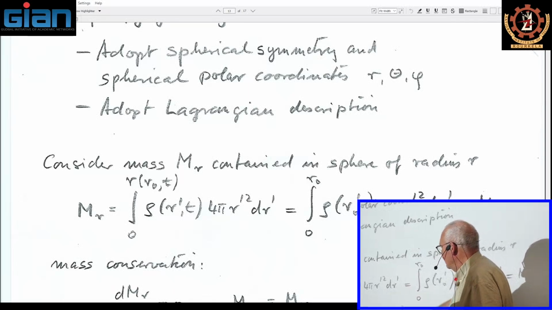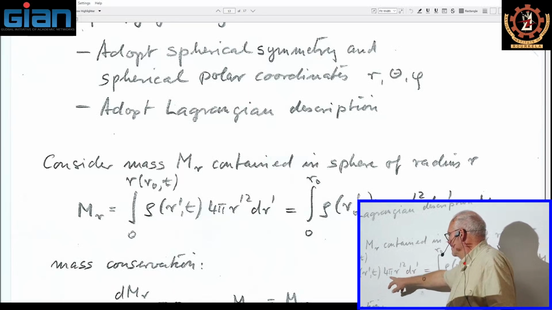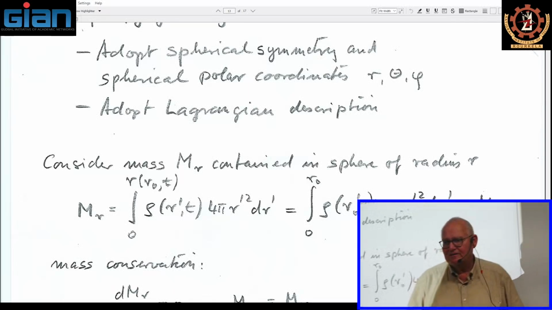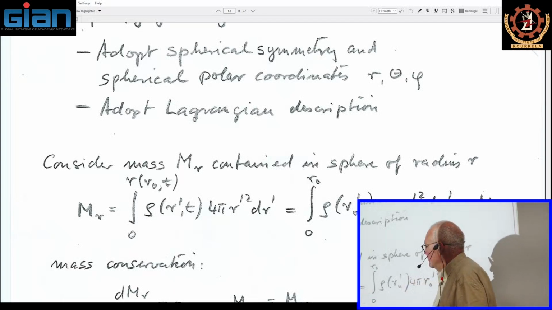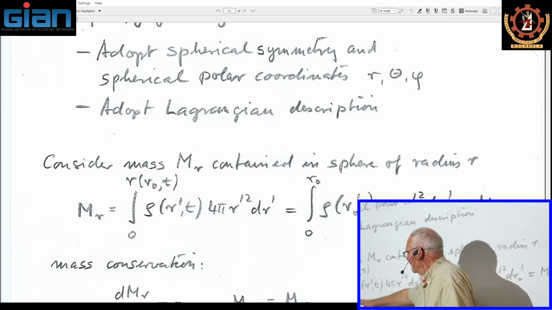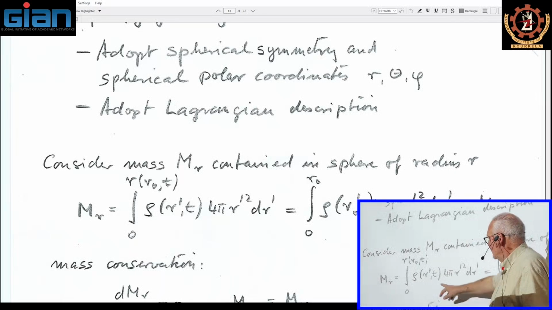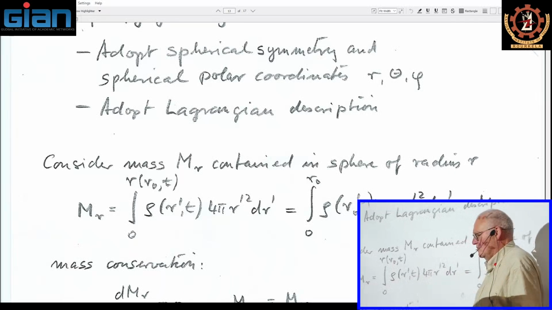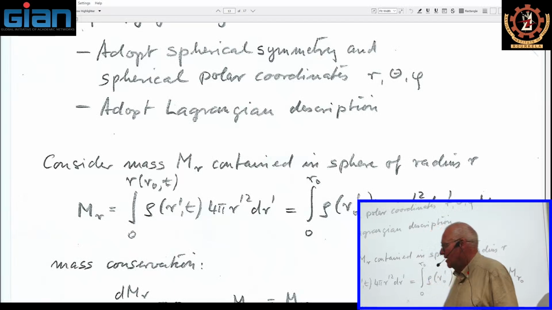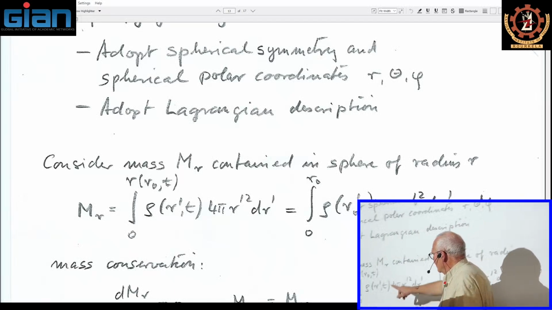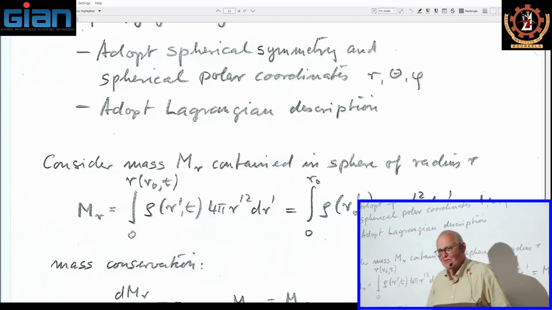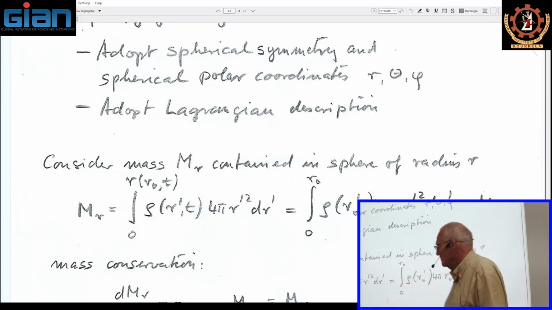The volume element in spherical coordinates is 4 pi r squared dr. So to get the mass inside a sphere of radius r, we integrate rho times 4 pi r squared dr from 0 to the actual position of our mass element r.